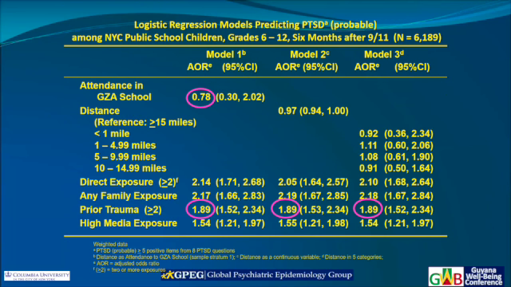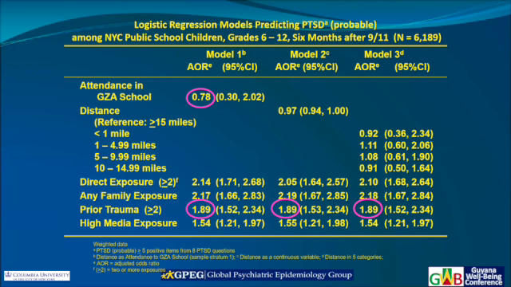I just said before that those closer to the epicenter, closer to the event, had higher chances of having a stress-related illness. Well, here it's showing the opposite. But if you look at the confidence intervals next to it, you'll see that it's a non-significant finding. In other words, it doesn't really have an effect here. It doesn't mean that it's higher or lower. It just means that we can't really tell.